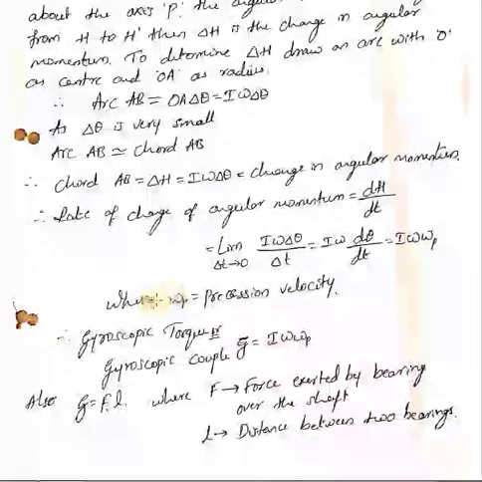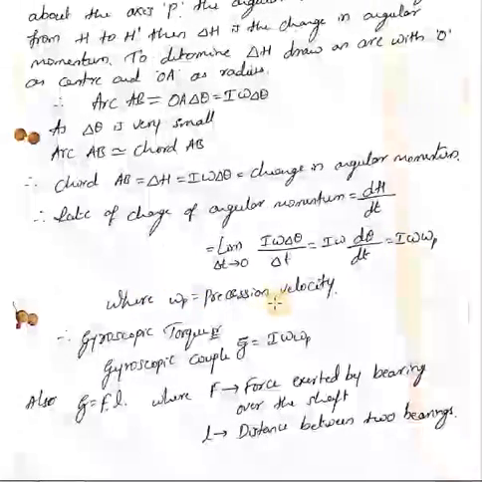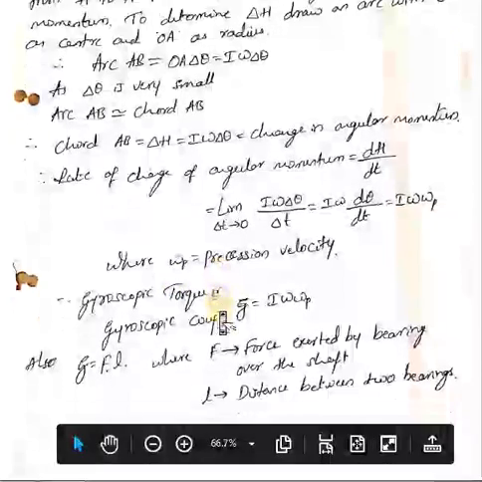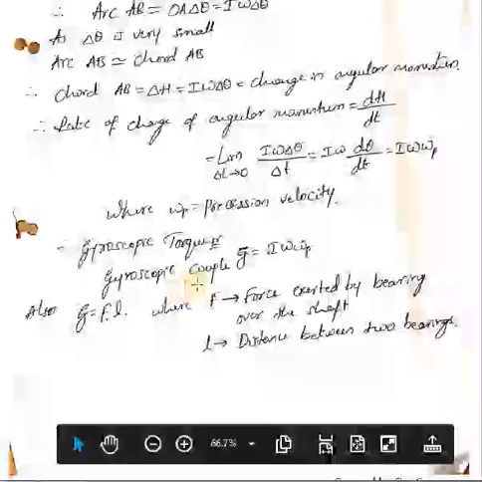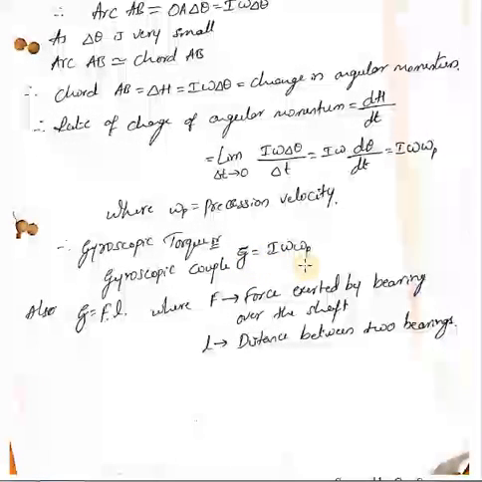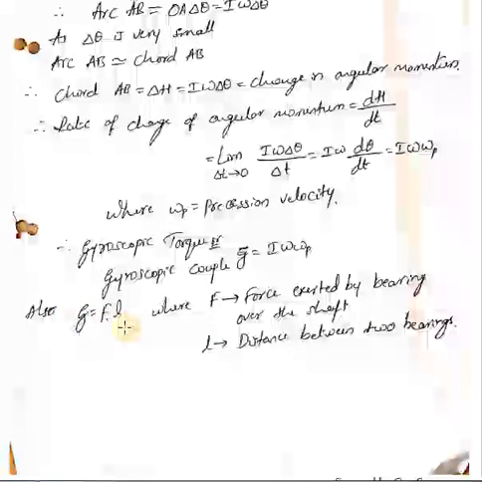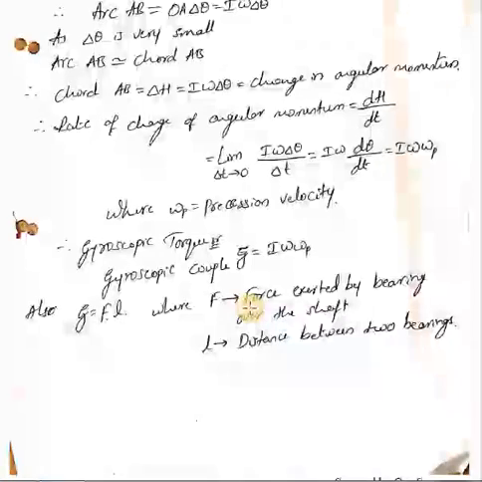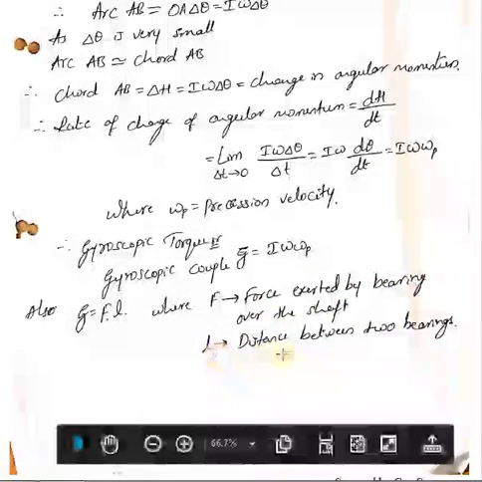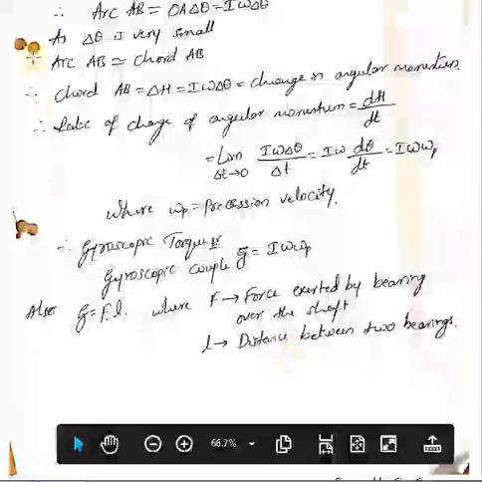Here we define one more term, omega p, the precession velocity. The equation for the gyroscopic torque or gyroscopic couple is given by G equal to I into omega p. Also we can write the gyroscopic couple equation as G equal to F into L, where F is the force exerted by the bearing over the shaft and L is the distance between the two bearings.